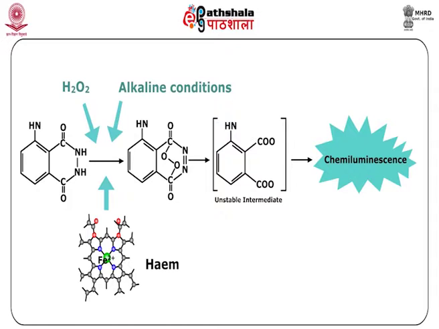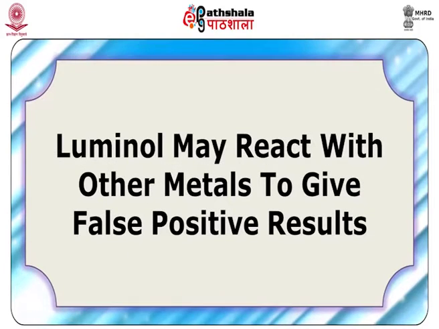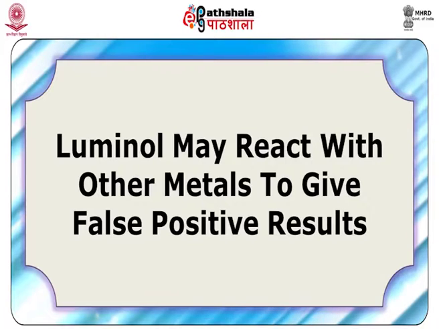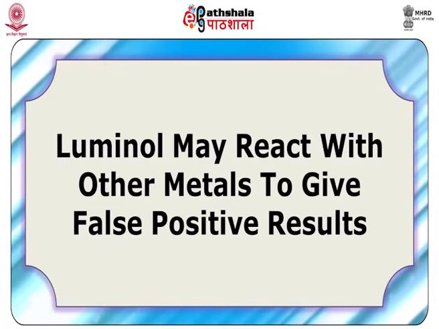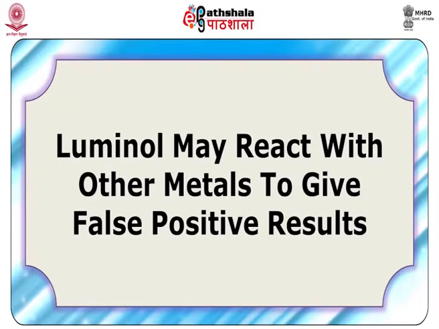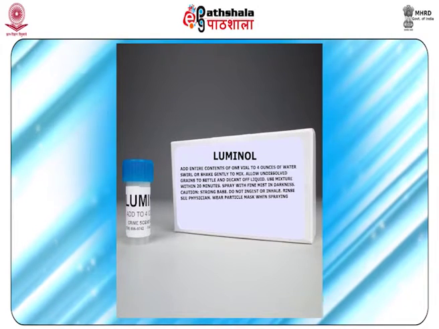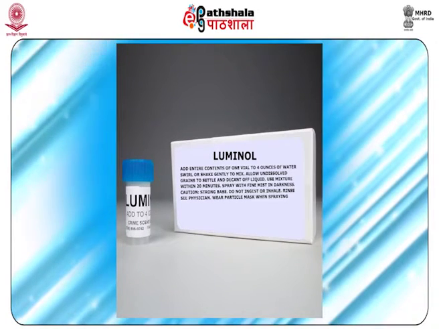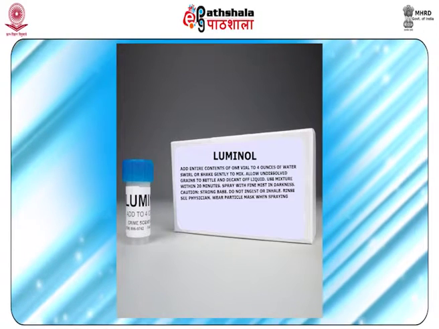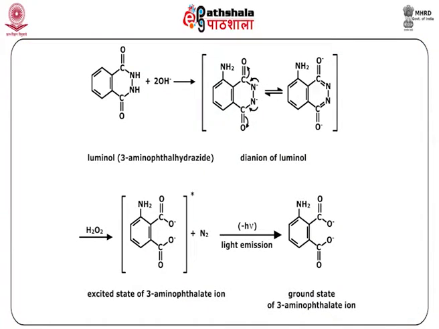Thus, a blue luminescence is observed when luminol reacts with the heme group of hemoglobin. However, luminol, due to its inherent quality, may react with other metal ions to give false positive results, and that is why it is only used as a presumptive test for the analysis of blood. 3-aminophthalate anion is the final product of this reaction, which is in an excited state.